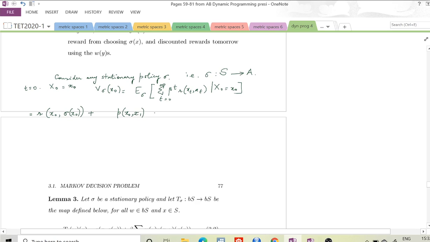It moves in a Markovian fashion, but depends also on the action sigma of x naught. So this is the probability that the state tomorrow is some specific x1, given that the current state is x naught and that I played the action sigma of x naught, right? So this whole thing is the probability.